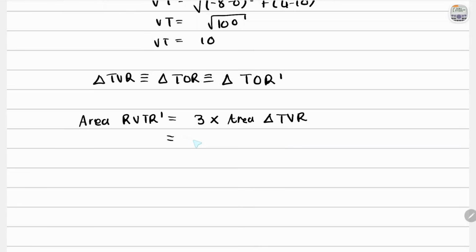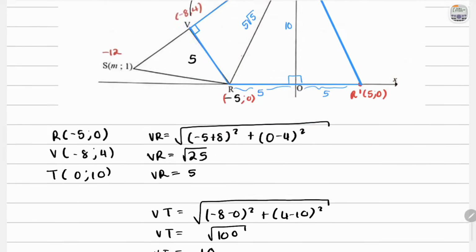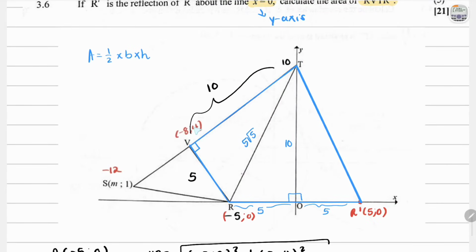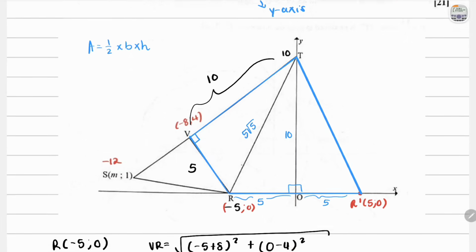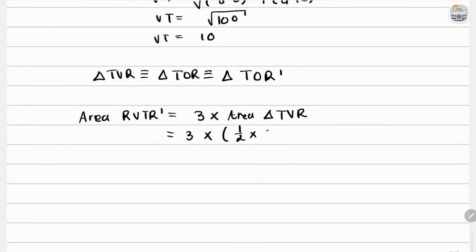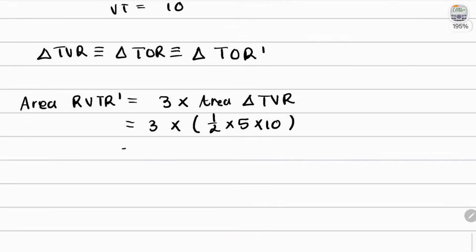So this is 3 multiplied by, remember it's a half, times the base times the height. The base is 5 and the perpendicular height is 10. So half times 5 times 10.